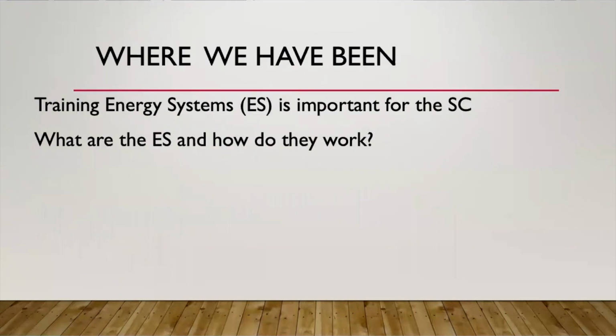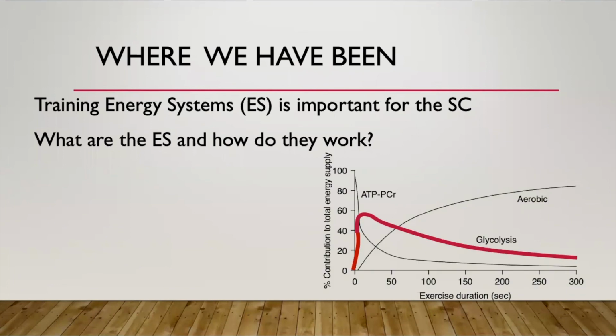So let's take a look at where we've been today. We've looked at the energy systems and the importance that they play for performance. And we've highlighted the fact that performance is really one of your key goals as a strength and conditioning coach. We've then taken some time to look at the energy systems and how they work.